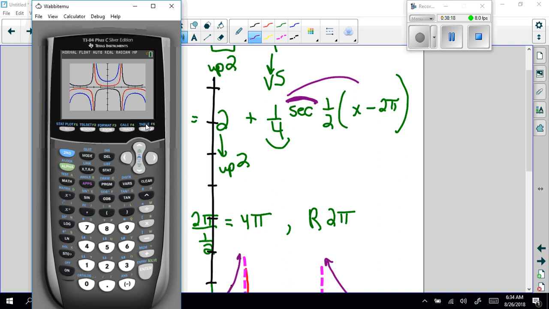And now all you have to do is go up 2. I think I'm always going to teach it this way now. Vars, y vars, function, and y3, and go up 2. Zoom trig. I think zoom trig will get them all. Maybe not. So you might have to adjust your window manually to get that on there.